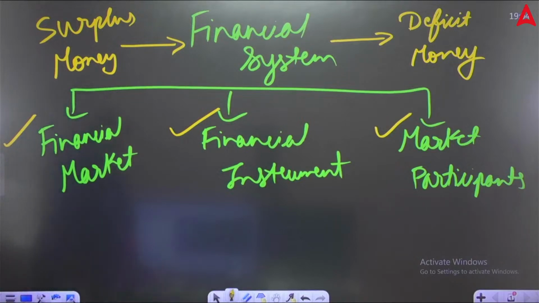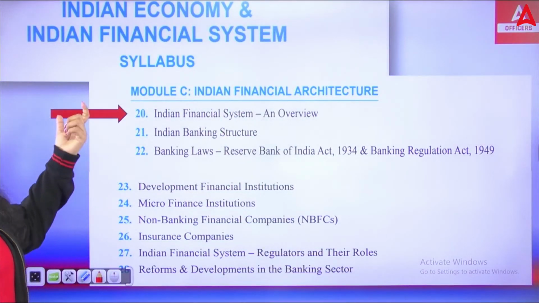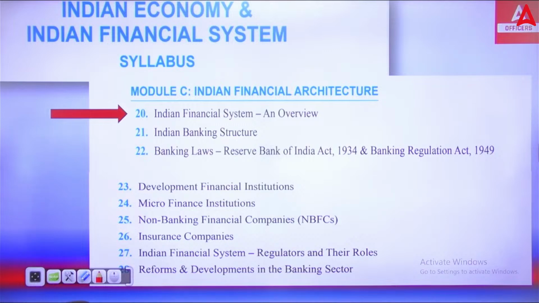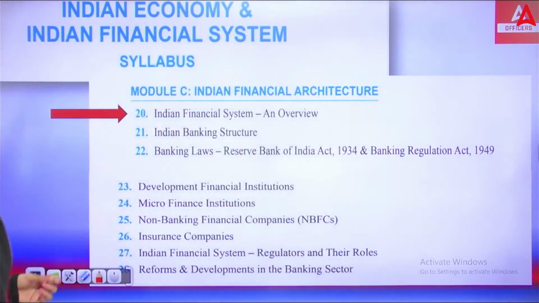That's what unit number 20 actually talks about. This is the work of a financial system, to exchange funds among the people who have surplus money and the people who have deficit of money. Clear? Now let's move forward.